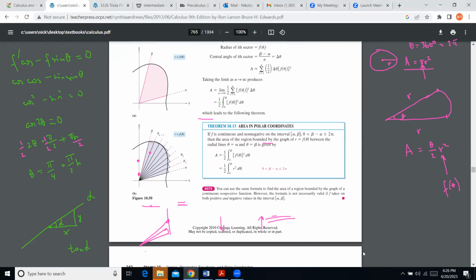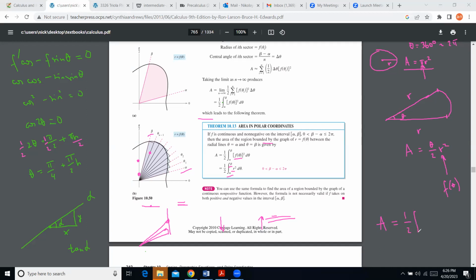So if we start with angle alpha and end at angle beta, we go integral from alpha to beta, and then either you put the square of the function or just the square of r, and a half is going to be in front. So that's the formula for the area, and that's what we actually, I guess, justified.